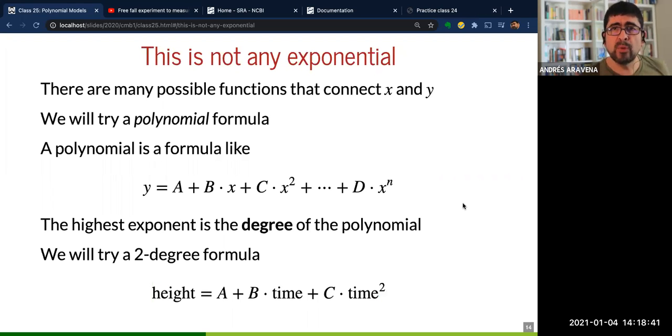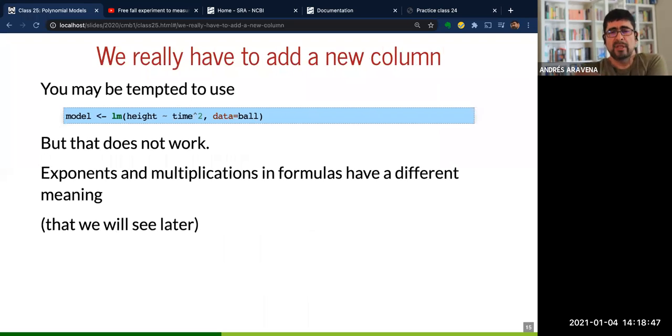So how can we build a polynomial model with a linear model? We need to do something like the height, the vertical position, depending on time squared. Unfortunately, we cannot do this directly.